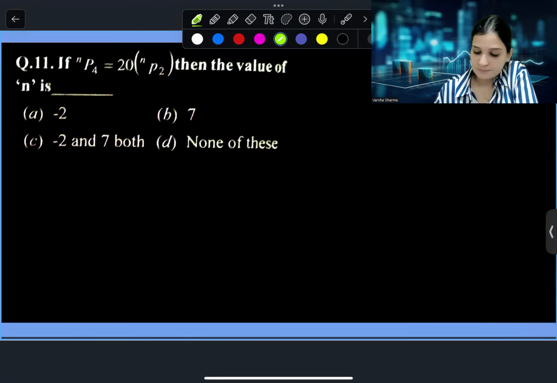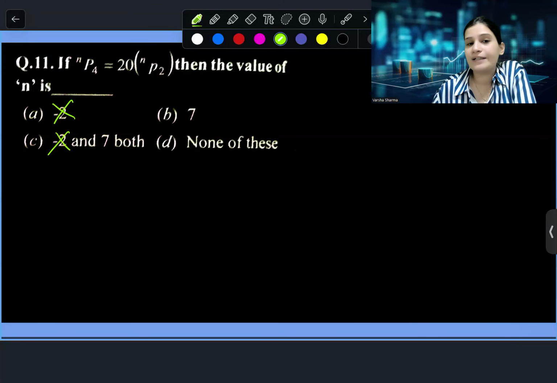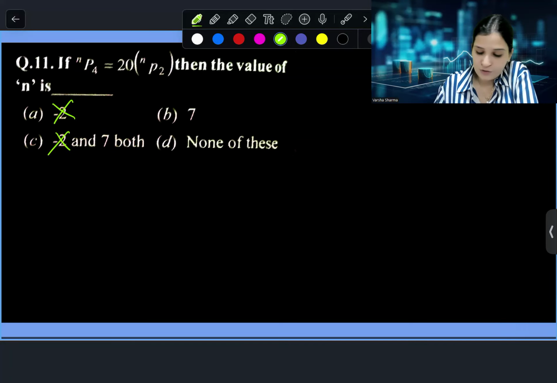Trial and error. See, this is wrong, this is wrong. Answer can never be negative. Answer can never be negative. -2 can't be the answer. Right? So try for 7. If 7 is true, 7P4 equals 20 times 7P2.